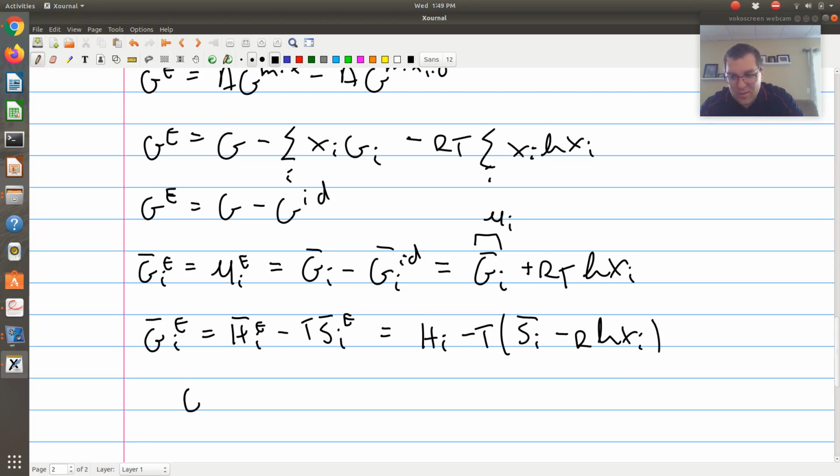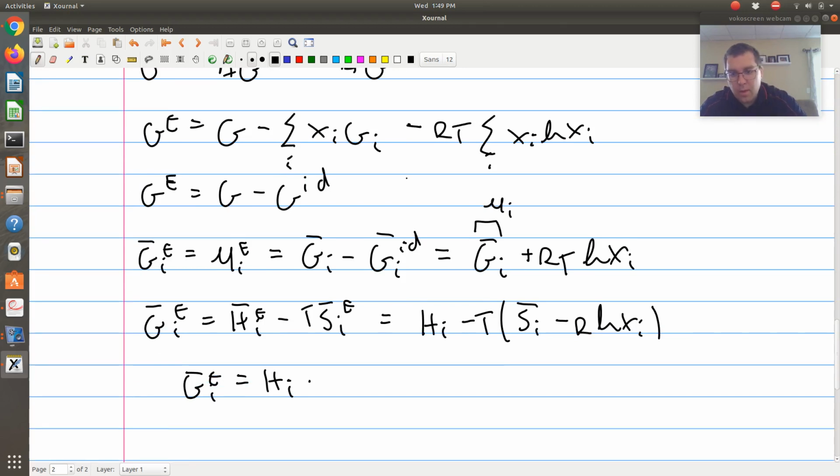So you'd get that G bar i excess is equal to Hi. Hold on, what am I? H bar iE is actual relative to that of an ideal solution, so it's H bar i minus Hi, minus T S bar i.